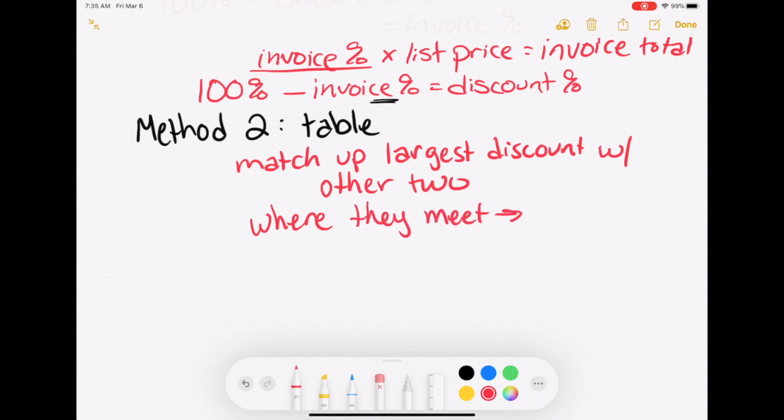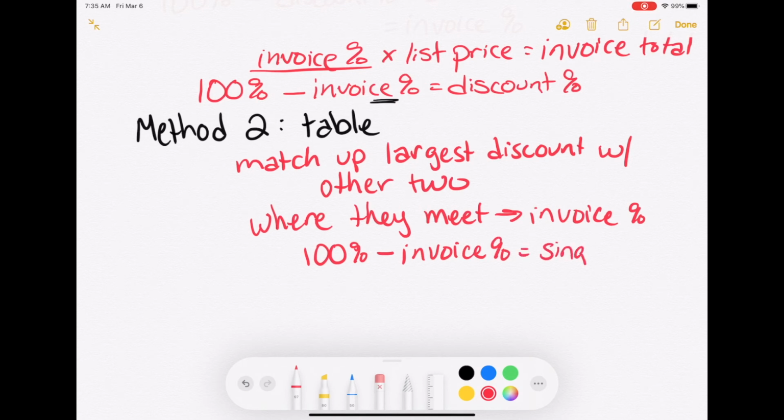Where they meet is the invoice percentage. And then 100% minus the invoice percentage is the single discount equivalent percentage.